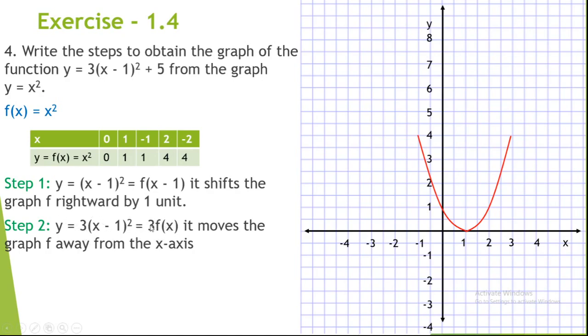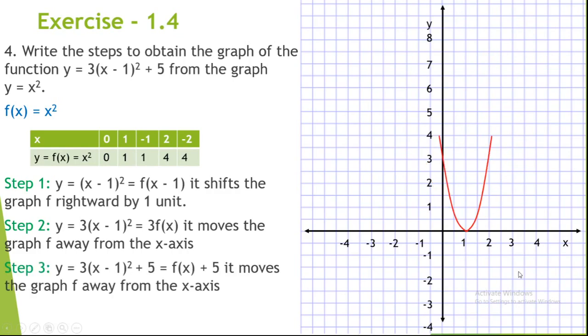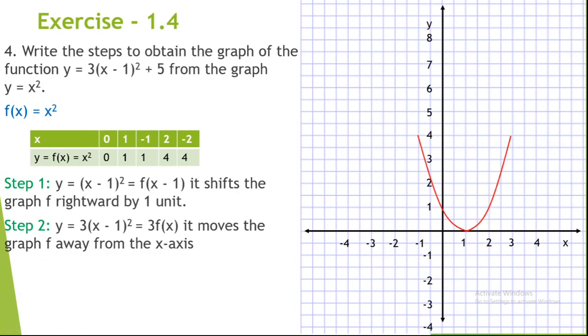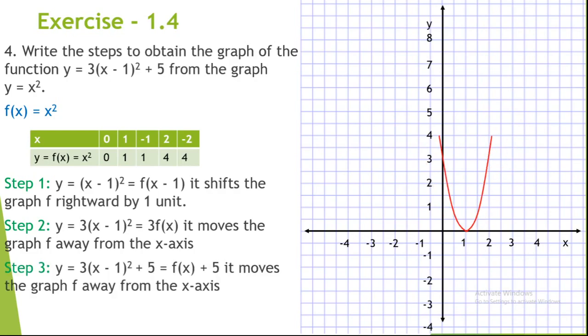So this particular thing must not go towards the x-axis, instead it will go away from the x-axis. I'll show that. See, this is the original graph. Now what happened? It shrinks, the graph is now compressed.